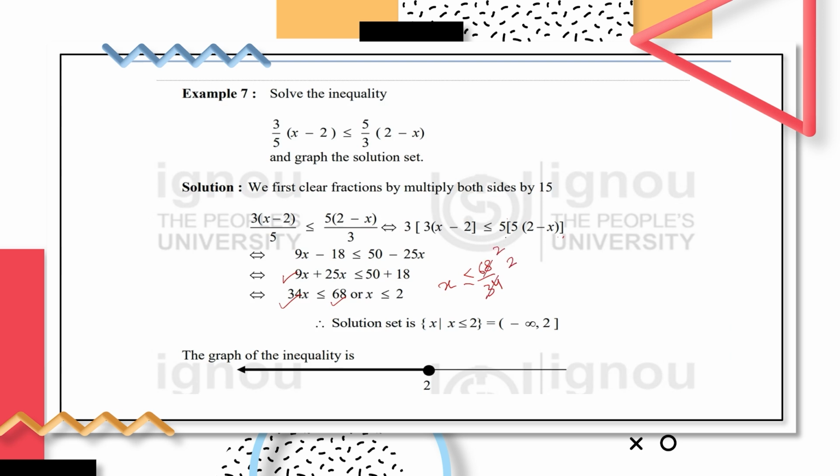So the solution set comprises all the values less than or equal to 2, that is, x such that x is less than or equal to 2. Because there is an equality sign, there is a solid filled circle at 2, and all the values up to minus infinity are considered in the solution set. So the solution set is minus infinity to 2.